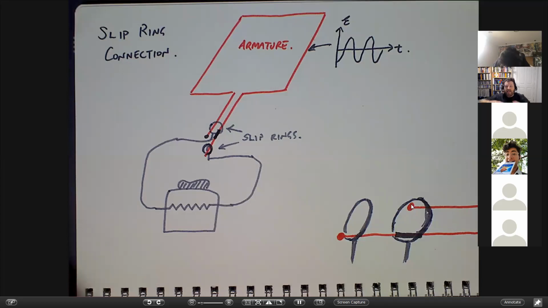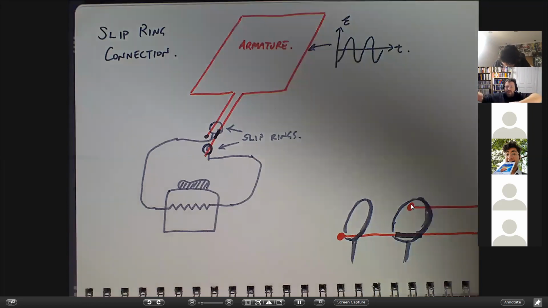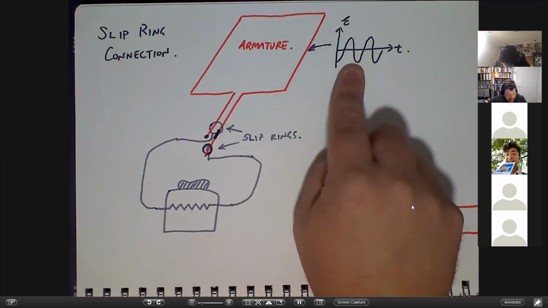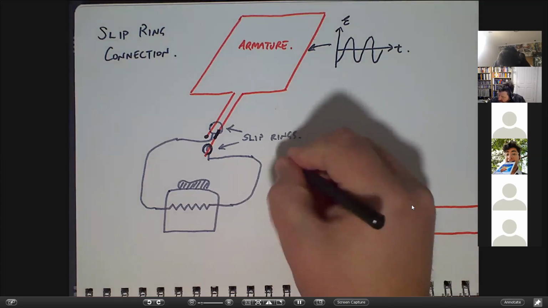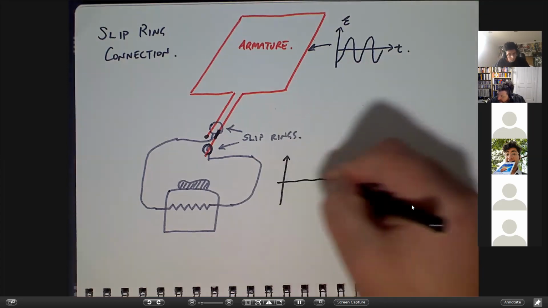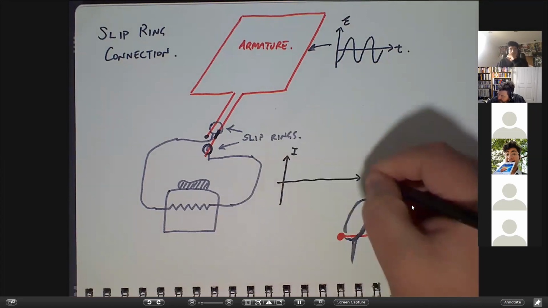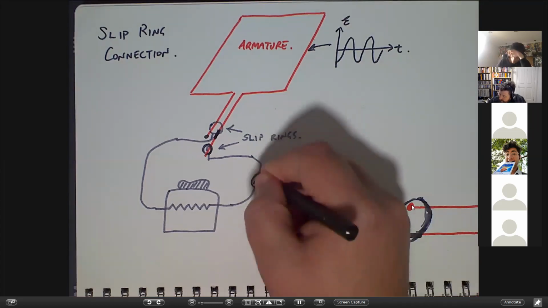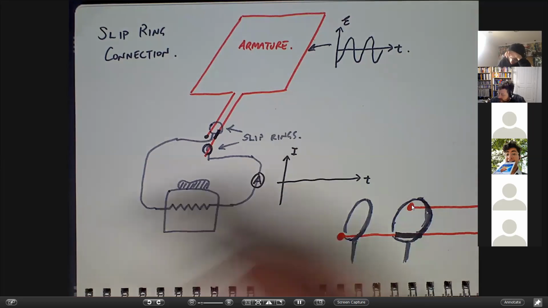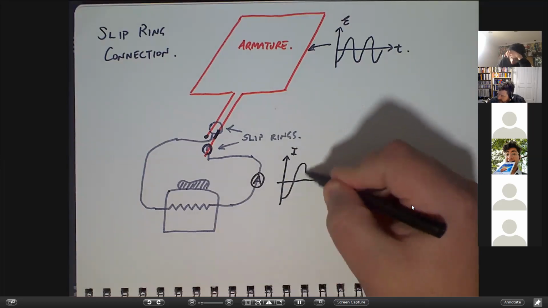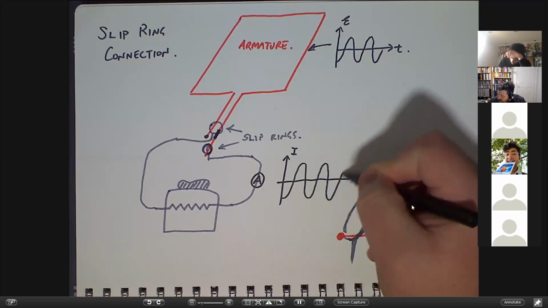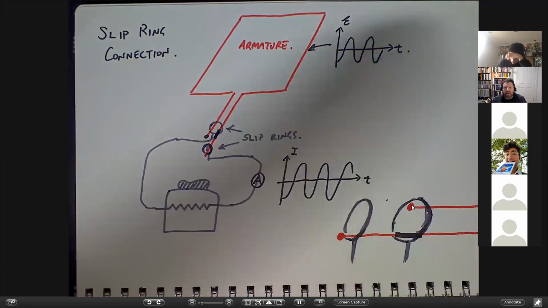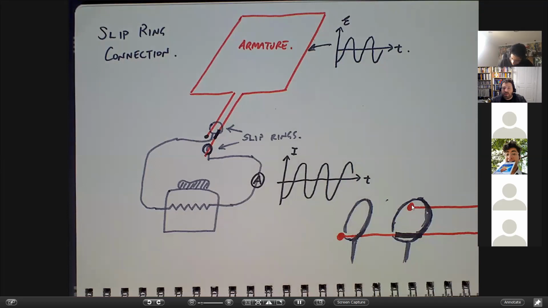And so as they rotate, one of them always just gives its electricity to one side, one of them gives it to the other. So that means the output we get in terms of current, if we put an ammeter there, is just a straight up match for the EMF that we're producing in the loop, because we're just directly connecting to it. There's no flipping every half turn or anything like that.